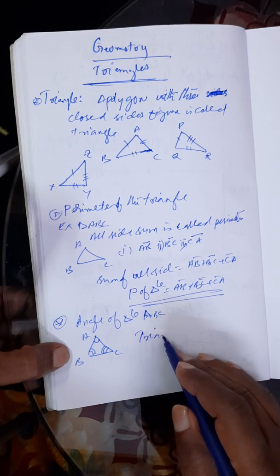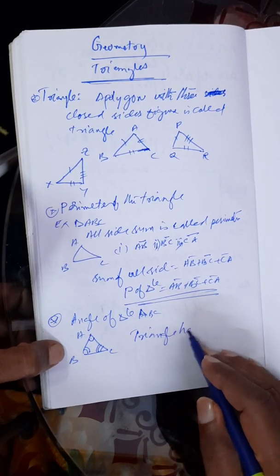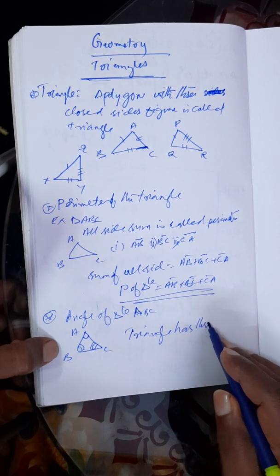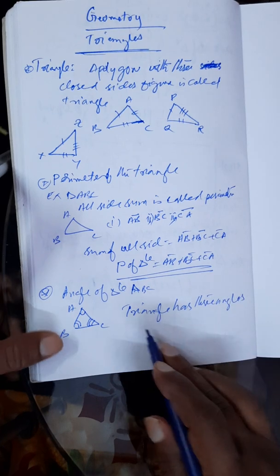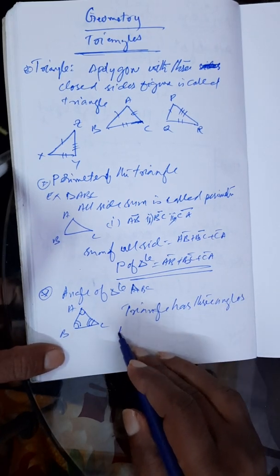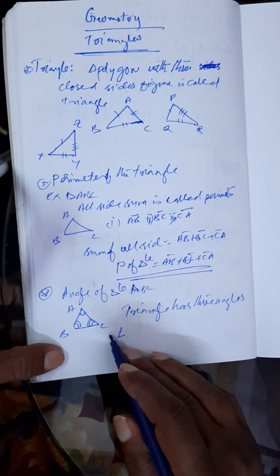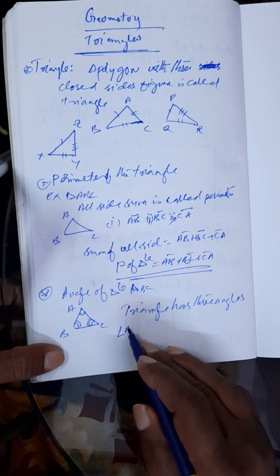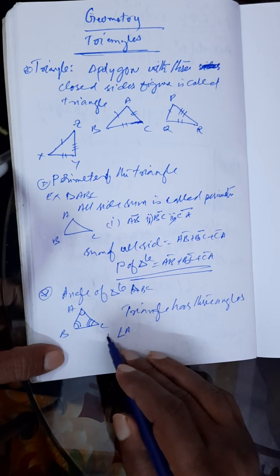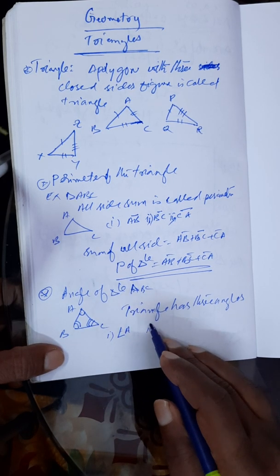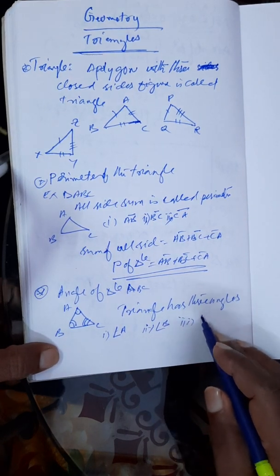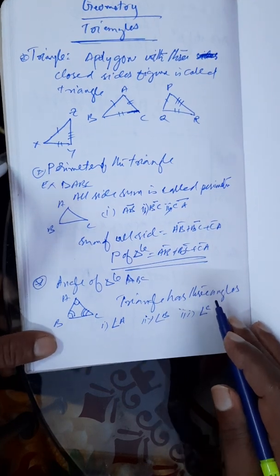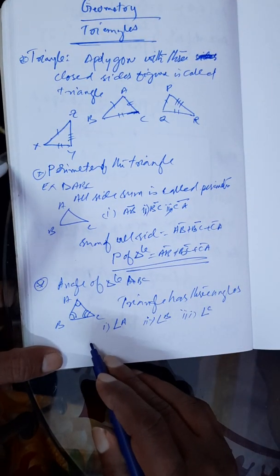So a triangle has three angles. Angles are represented like this. First, an L type is there, angle A. Second, angle B. Third, angle C. Or another way is there.